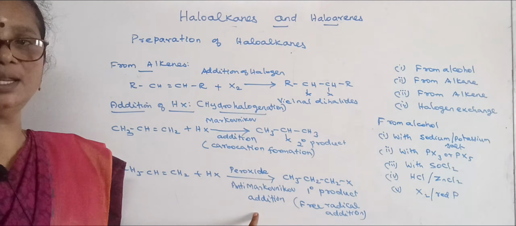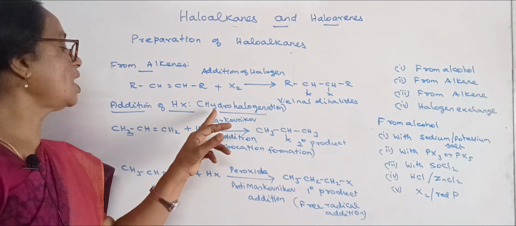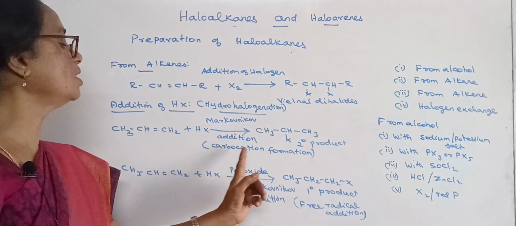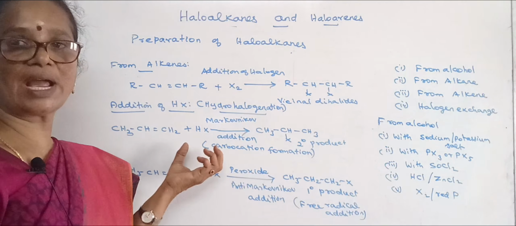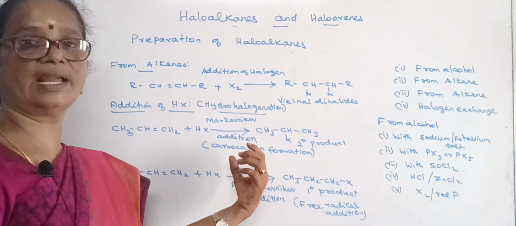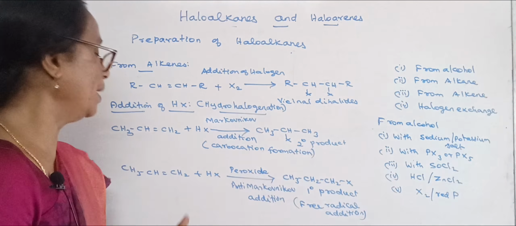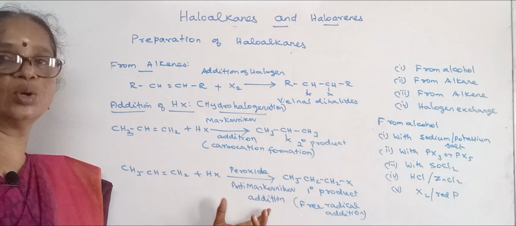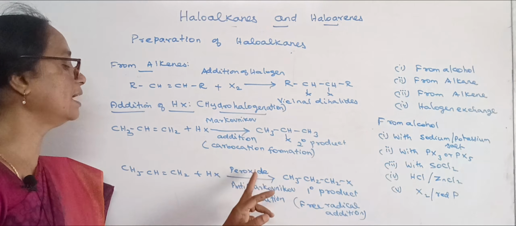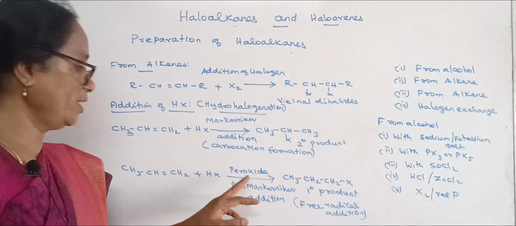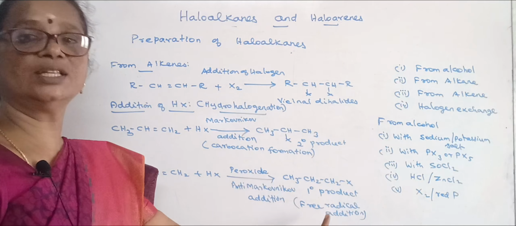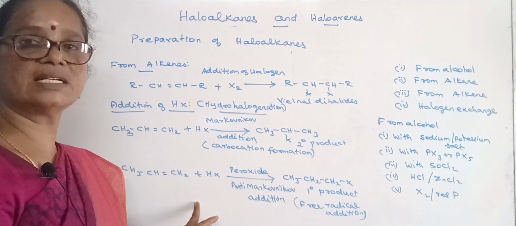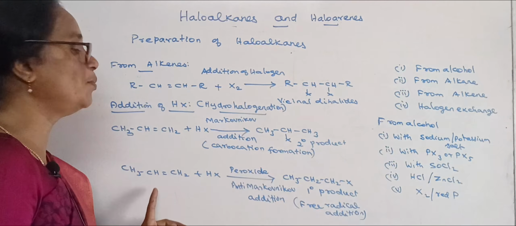rule or anti-Markovnikov rule. Markovnikov rule takes place through the formation of carbocation, in which the tertiary carbocations are more stable than secondary, which is then primary. But anti-Markovnikov follows only the reaction that has peroxide. So in this case, the peroxide generates the free radical, then those free radicals undergo addition reaction between the doubly bonded carbons.